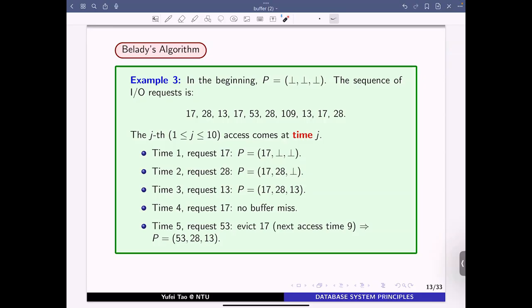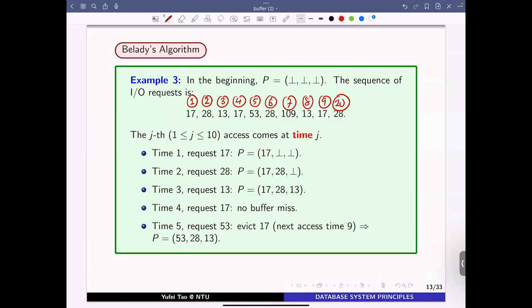In order to indicate which request I'm talking about, I'm going to add some time stamps here. So you see 10 time stamps. When I say time 1, I'm talking about this request 17.